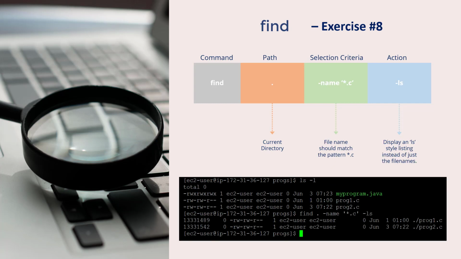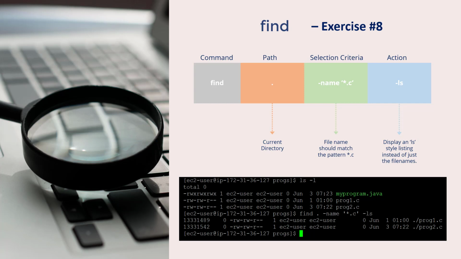Let's move to the next, exercise number 8. We'll do something different this time. We will change the action. In all the previous exercises, we kept the same action. In this one, we have used -ls. The difference can be seen in the output of the find command in the terminal screen capture below.